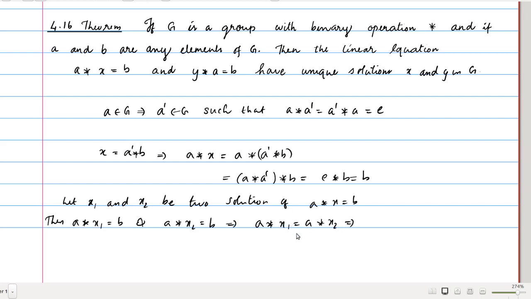By the left cancellation law, this implies x1 equal to x2, which shows that these two solutions are the same. So A star x equal to B has exactly one solution. In a similar fashion, you can prove y star A equal to B has only one solution.